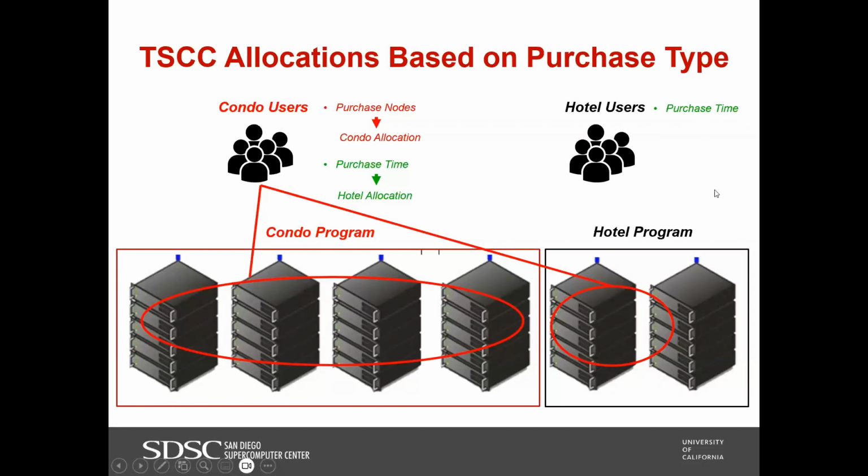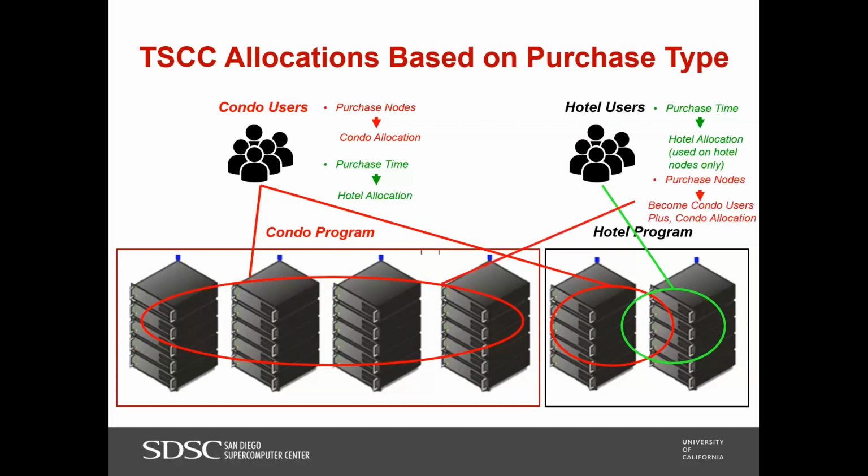So how about the hotel users? We already know that the hotel users will get a hotel allocation, and the allocation is only used for running jobs on the hotel nodes. If they later decide to purchase nodes to join the condo program, they will become condo users and get a condo allocation.